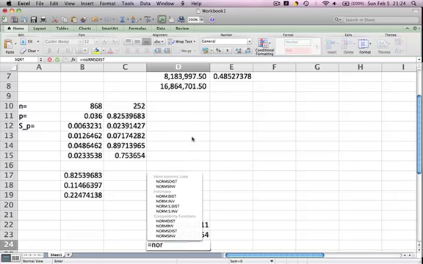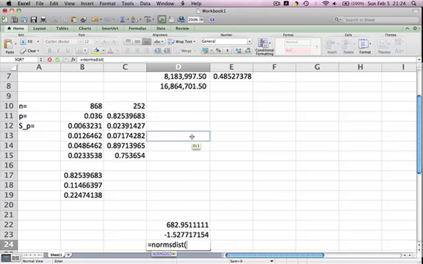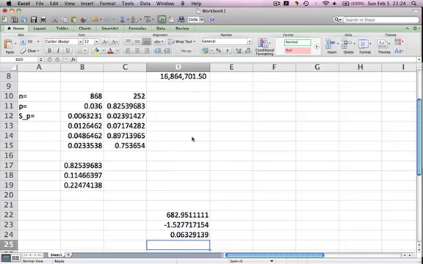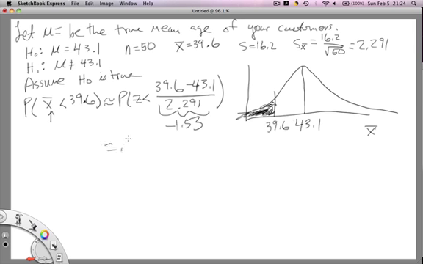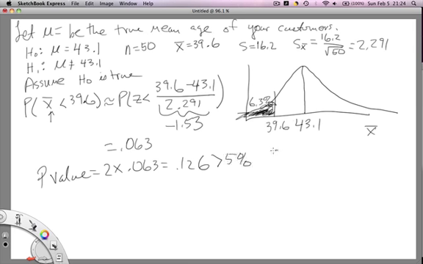So if we do NORM.S.DIST on that number that we just found, you're going to find the area in the tail is about 0.063. So this is 0.063, about 6%. But that's not our p-value. So the p-value is really 2 times that, 0.126. Now notice that this is greater than 5%, so we cannot reject H naught.